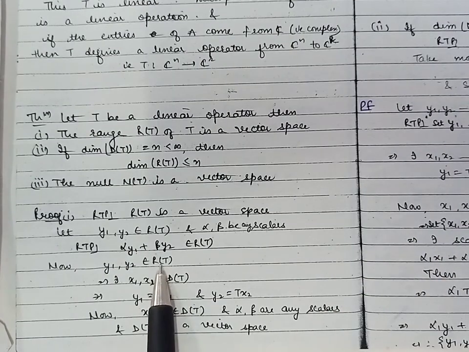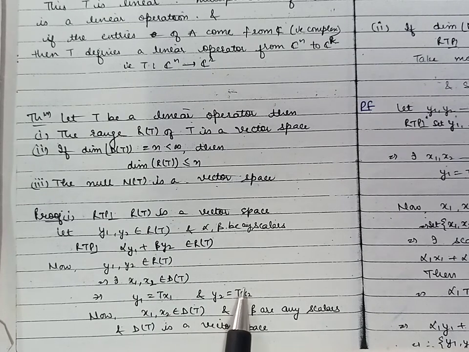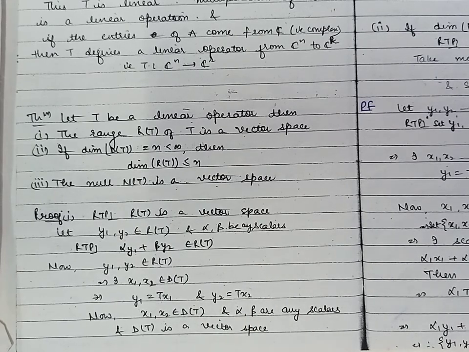by definition of the range of T, y1 will be of the type of the image of x1 under T, where x1 is an element of the domain of T. Also y2 belongs to R(T), meaning y2 will be of the form of the image of an element of the domain of T. So we can take y2 of the form T(x2), where x2 belongs to D(T), the domain of T. Now x1 and x2 belong to the domain of T, and alpha, beta are scalars, and the domain of T is a vector space.